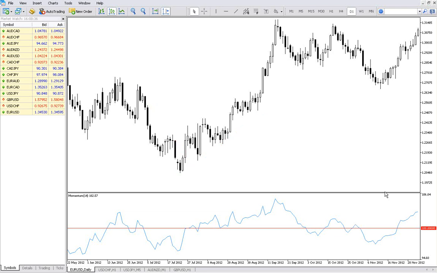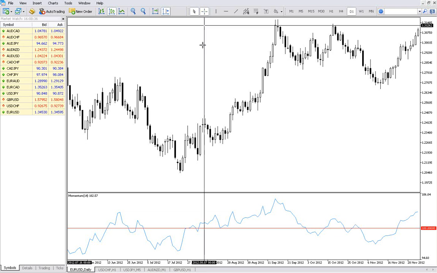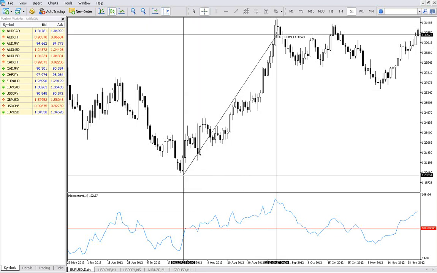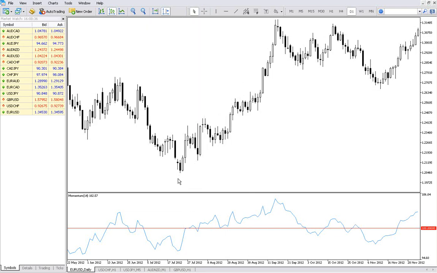To explain that a little further, what you've got here is a very basic uptrend. The market will never just go straight up. What it will have is a number of swings until eventually it goes up right to the top.